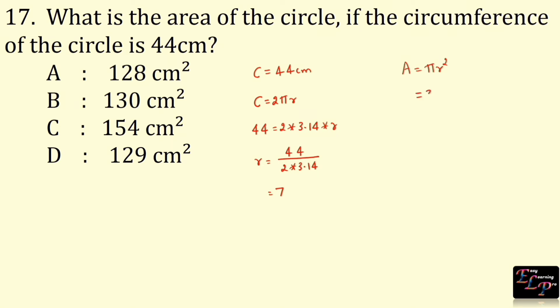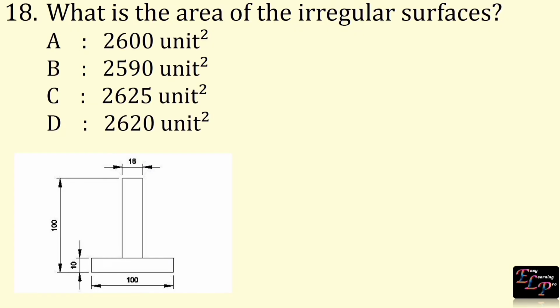Pi is 3.14 into radius 7, so 7 square. It is equal to 153.8, which can be rounded off to 154 centimeter square. So the answer is option C, 154 centimeter square.